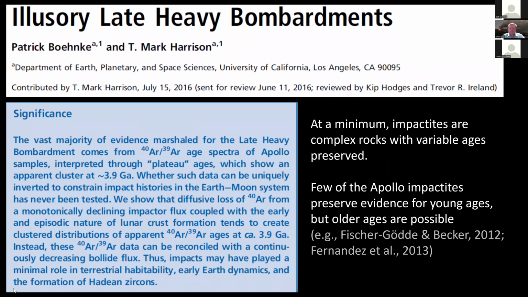They argued that impacts may have played a minimal role in terrestrial habitability, early Earth dynamics, and the formation of Hadean zircons. Their point was that this late heavy bombardment, based purely on argon-argon age dating, may not have occurred at all.